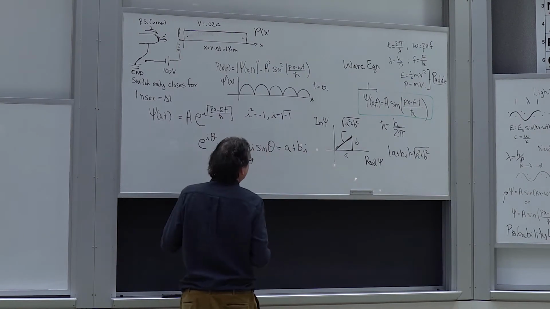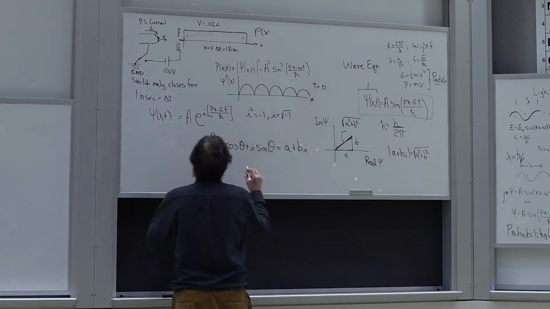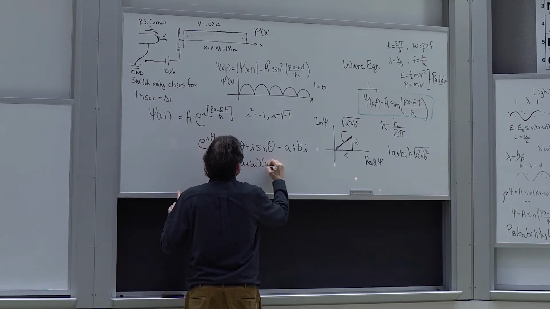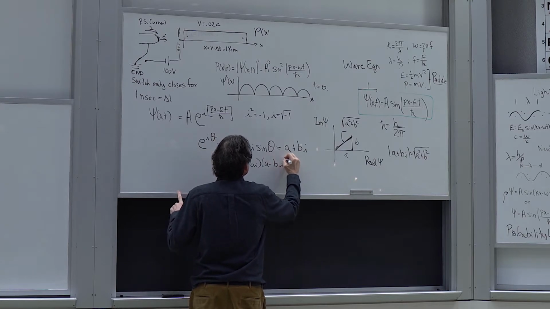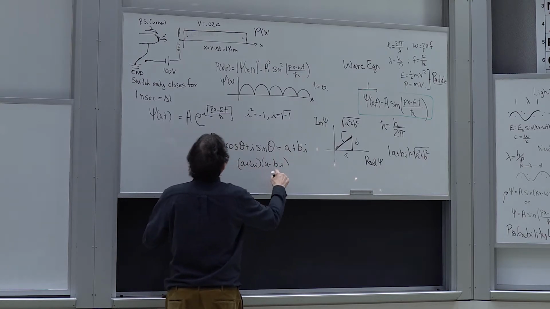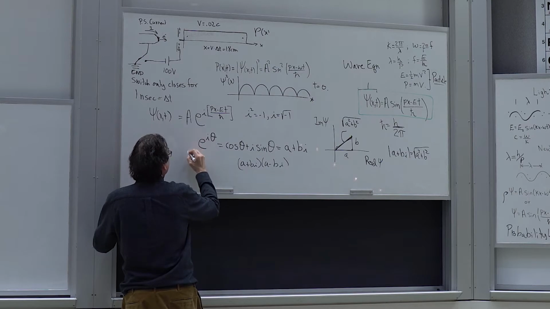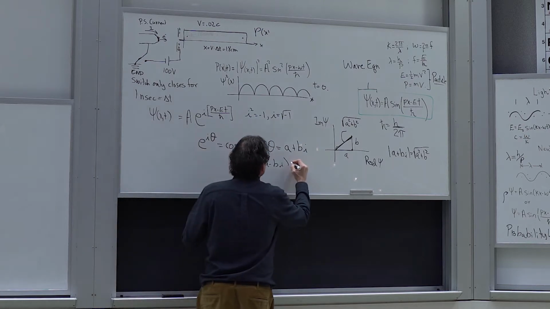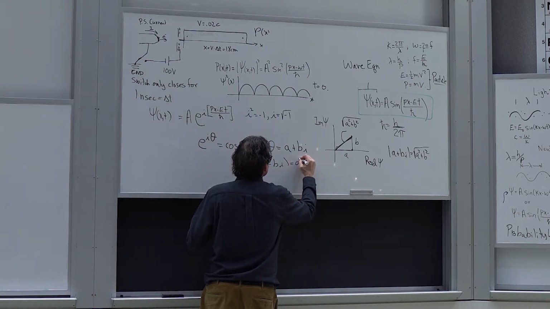I can also, by the way, get this if I take a plus bi and I multiply by a minus bi, this is called the complex conjugate. In either case, you can do this math for yourself, this is equal to a squared plus b squared.